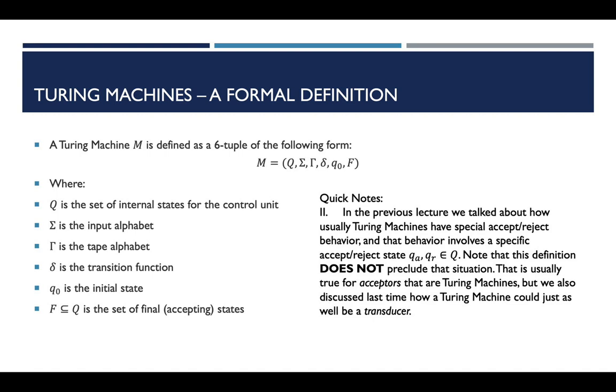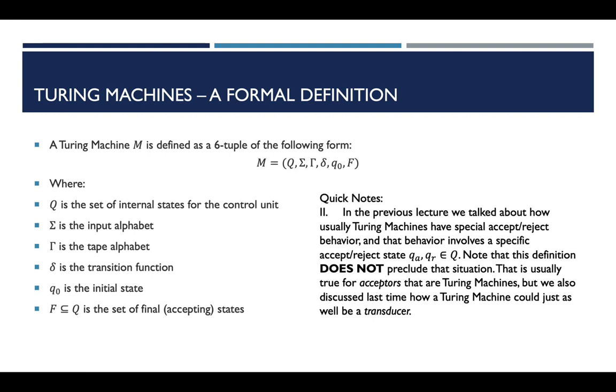What we said on that slide is that there are usually special states, which we can call Q sub A for accepting or Q sub R for rejecting, that are inside of Q, and once that state is reached, regardless of what happens on the input, we terminate computation and either accept or reject. I want to be very clear that this definition does not preclude what we outlined in that slide. Indeed, both of these things can be true at the same time.